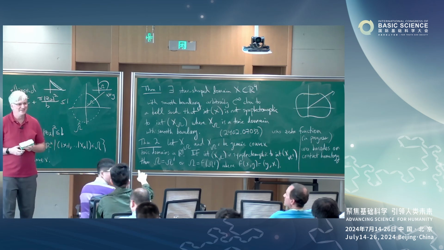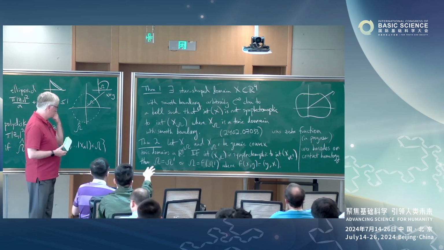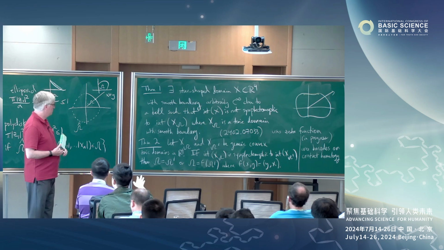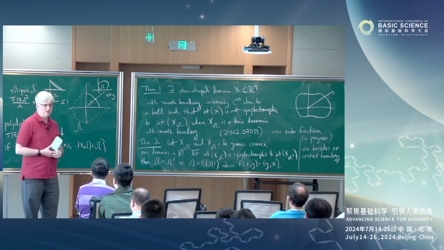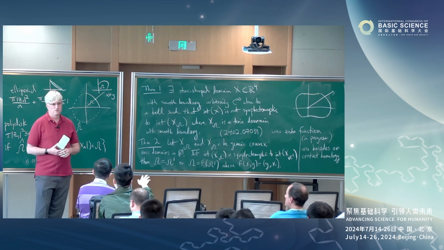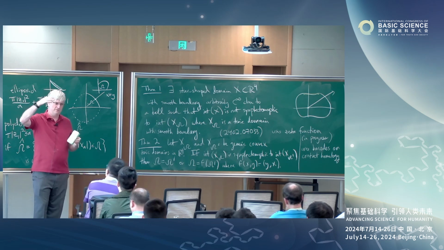Small question. Are these two theorems in the same dimension? Yes, they're both in R4. The domains have to be the same dimension. The toric domain omega is a moment map image, so it's half the dimension.